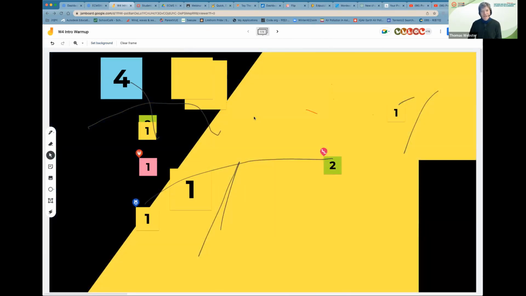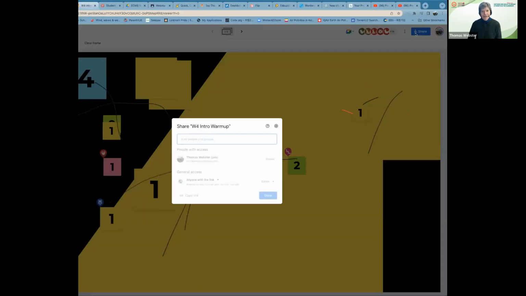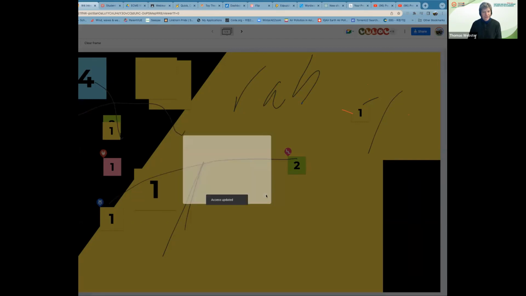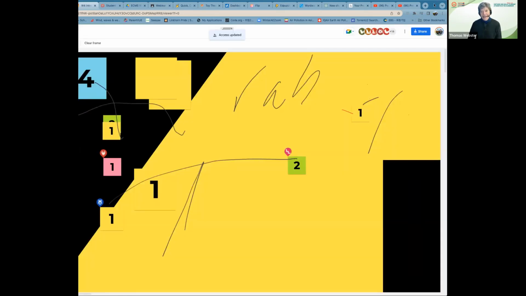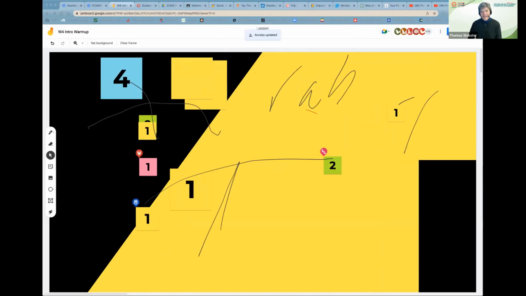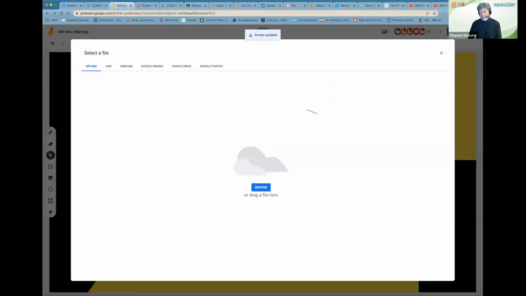If your students do this to you when you're using Google Jamboard, you can go up here to the share button and say, wait a minute, you guys have kind of caused trouble. So I'm going to change where you guys can't do anything. I'm going to lock you guys out for a second here. So you can see that you guys can't do anything. So I'm going to go try to set the background now. One more time. Let me try fixing this.